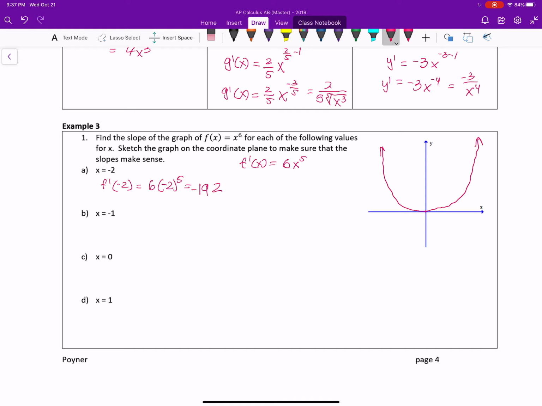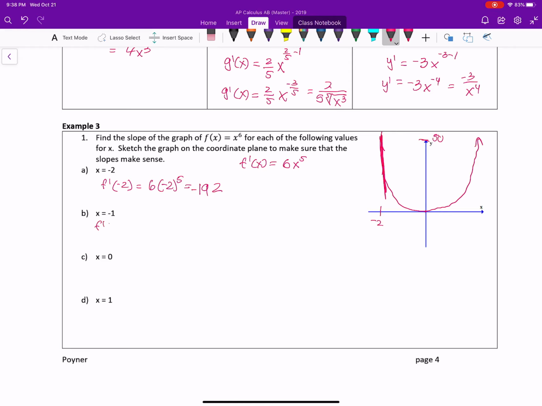And by the way, this graph is extremely steep at negative 2. If you look at your graphing calculator, it may not even show at negative 2. You would have to expand it really far to be able to see that, let's say 50 or something like that. Should that be enough? Yeah, then you can see how steep it is there.